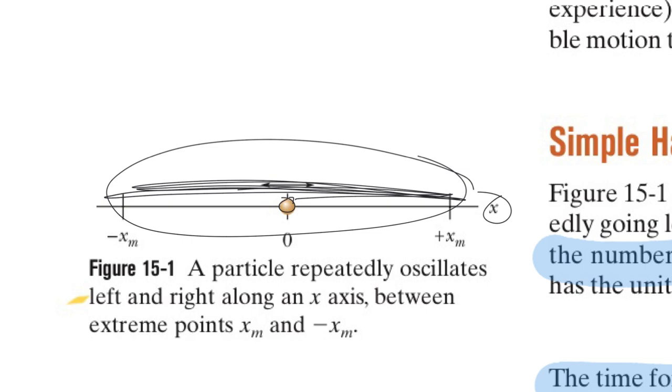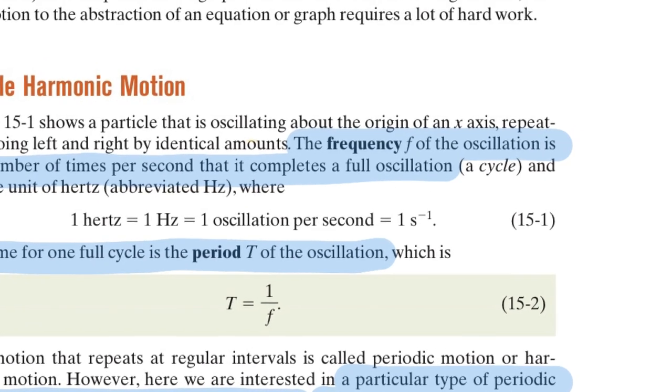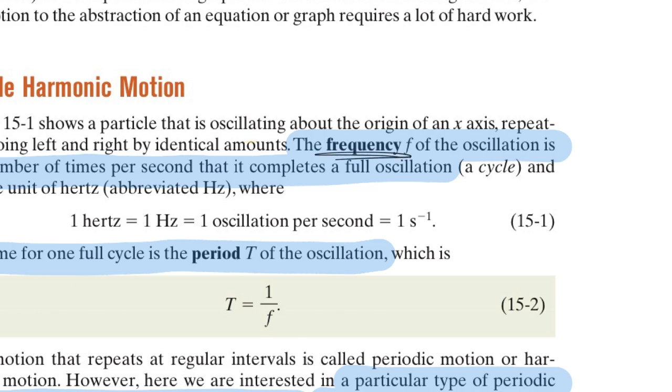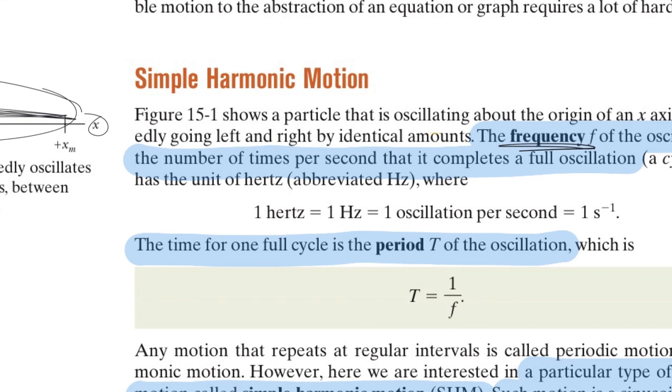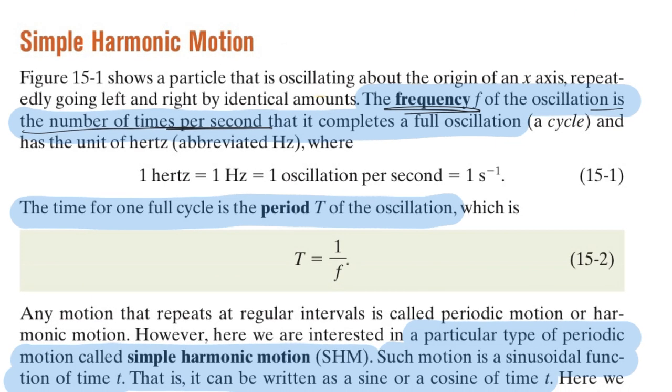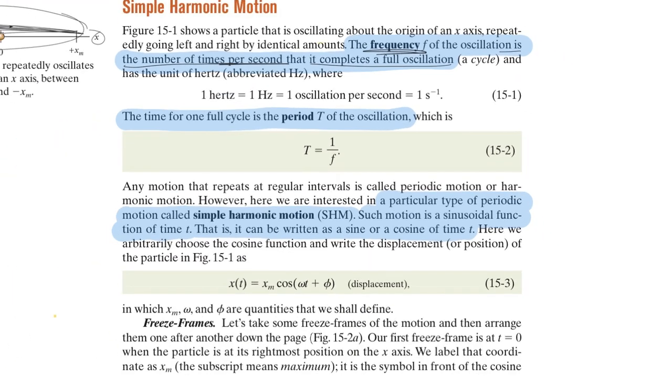And here you can see, for example, the frequency. What is the frequency of the oscillation? It is the number of times per second that it completes a full oscillation. And here the time for one full cycle is the period T, and it's given by this.